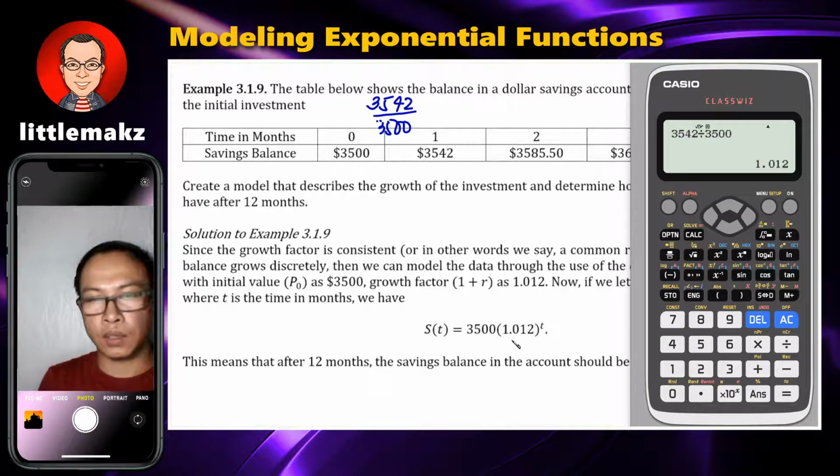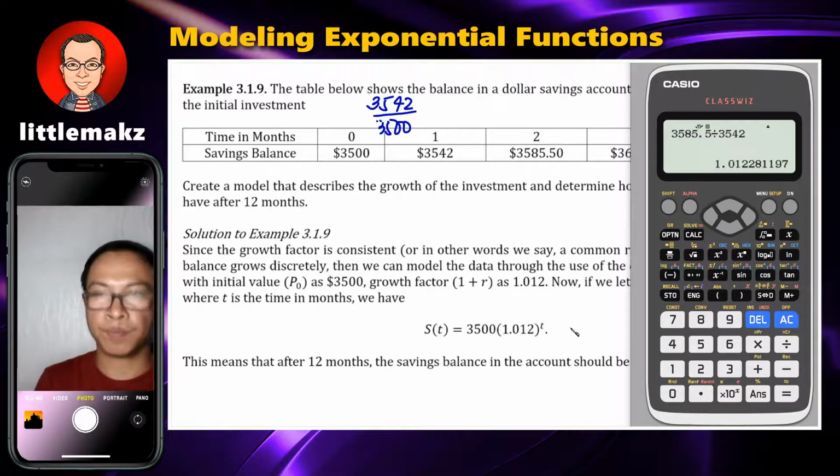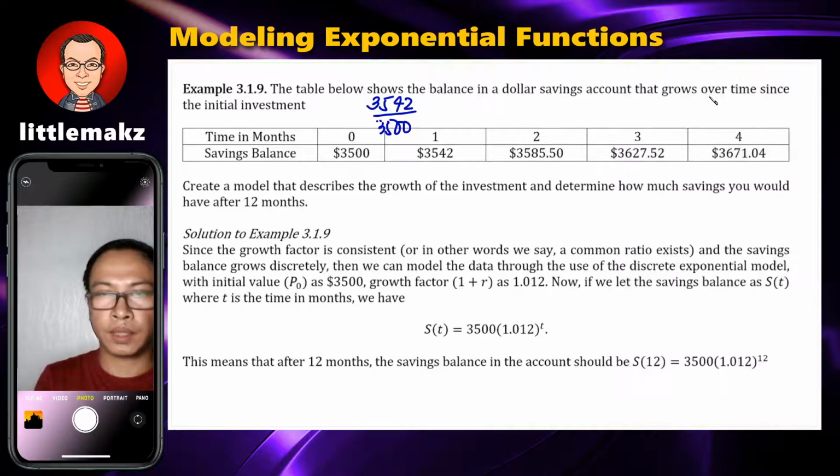And that's how we got this 1.012. Now we try another one, 3,585.5 divided by 3,542. That's approximately 1.0122. Again, that's the same. And so that's how we get it.